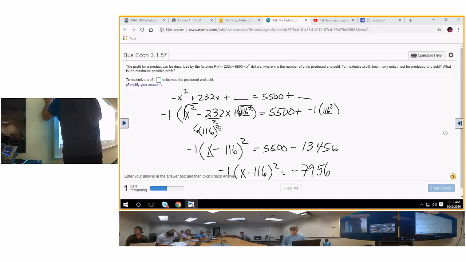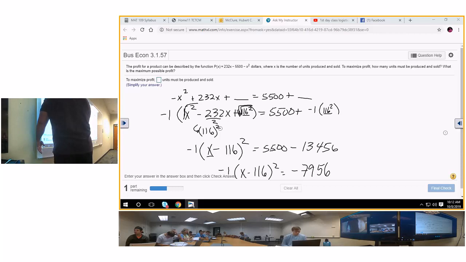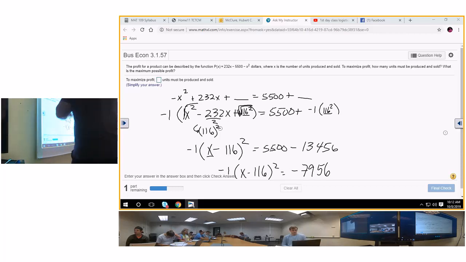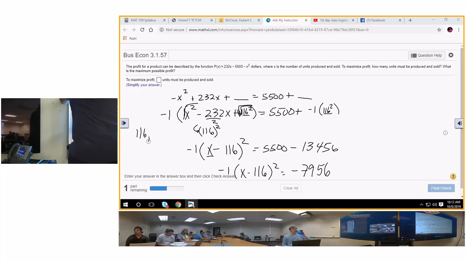I didn't do it over here. You can write 13,456 right there if you want to, but I knew it was going to turn back into 116, so I just left it like that. You understand? Okay, 116, comma, 7956 is your vertex.